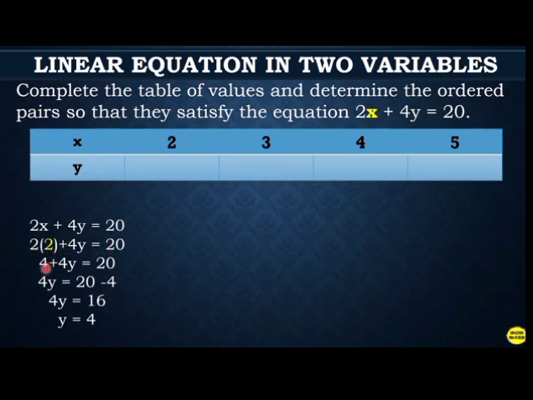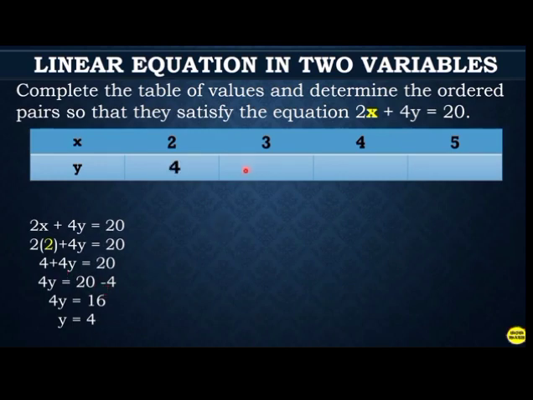So 2 times 2 is 4, 4 plus 4y equals 20. Then 4y equals 20 minus 4. Then 4y equals 16. So let's divide both sides by 4. So the answer is 4. So y equals 4.